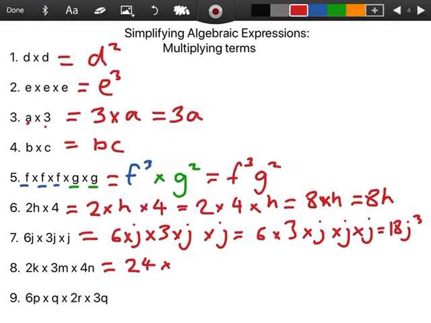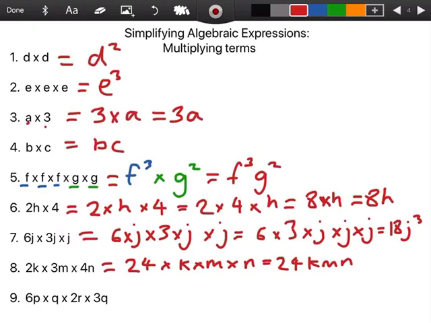I will just put the times in. And because we're multiplying, we can hide the times between the numbers and the letters, and the letters and the letters. So that will become 24kmn.